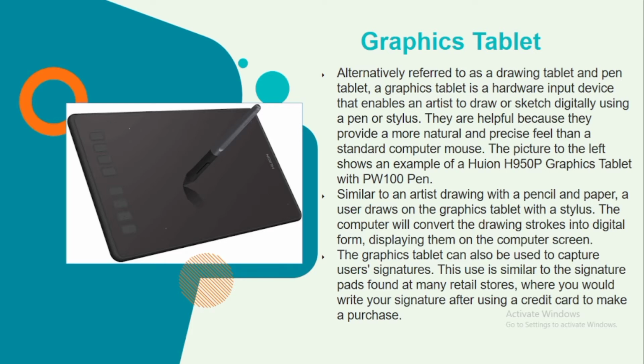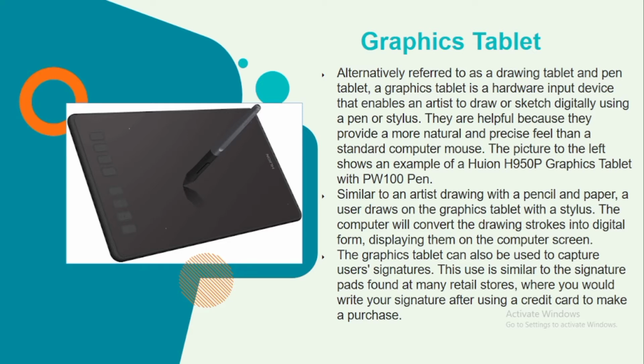The picture to the left shows an example of a Huion H950P graphic tablet with PW100 pen. Similar to an artist drawing with a pencil and paper, a user draws on a graphic tablet with a stylus.